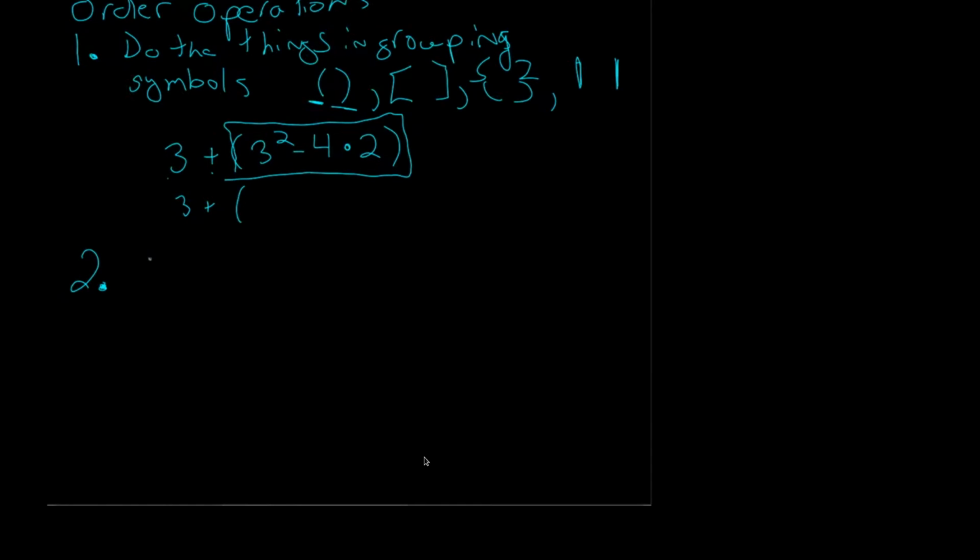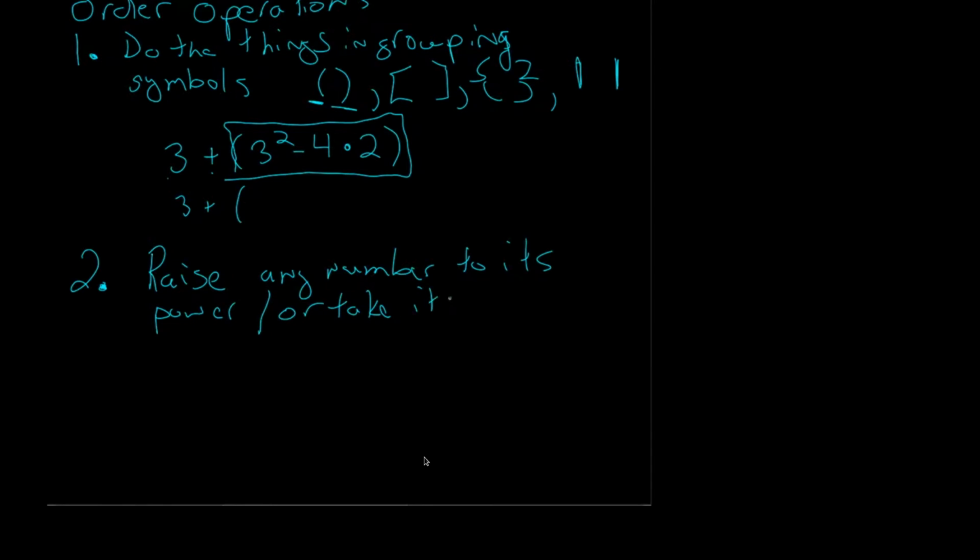The next thing is we raise any number to its power. And I'm going to put it here even though the book doesn't go into it, or take its roots, if you have a square root or a cube root.